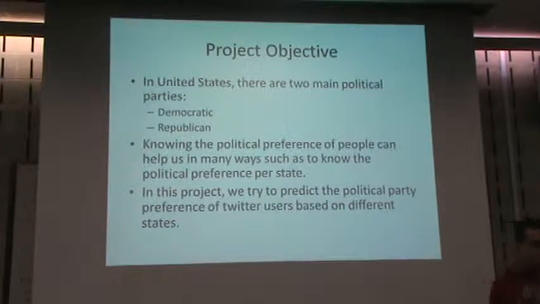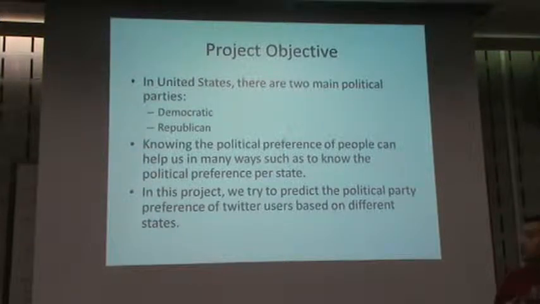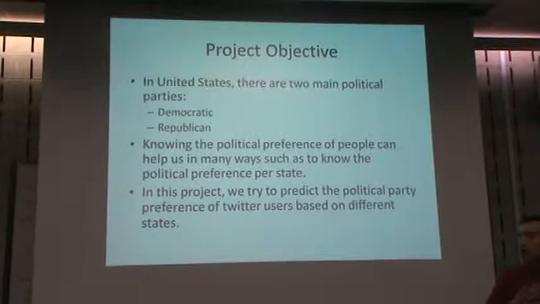Our project objective: usually every 4 years we have the presidential election campaign, and at that time we have to get votes for the parties we support. So we need to know the supporting rate for the different parties. Usually we conduct polls and get the result, but polls have drawbacks.